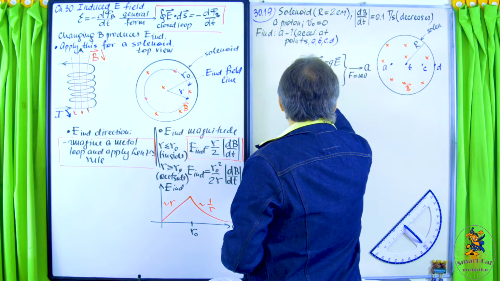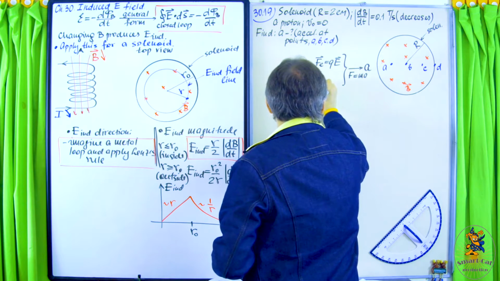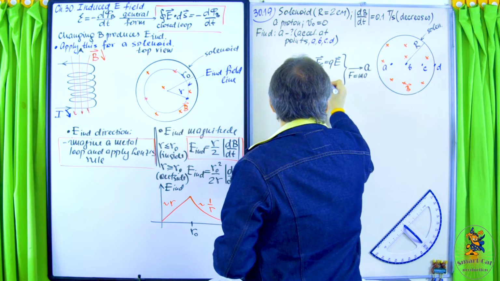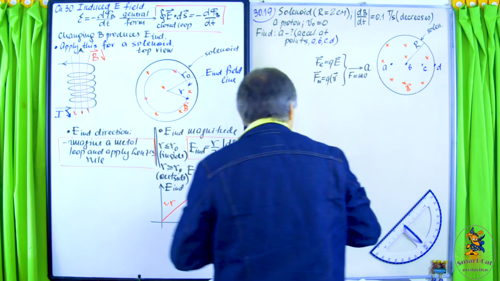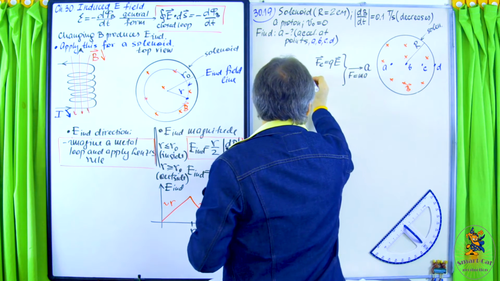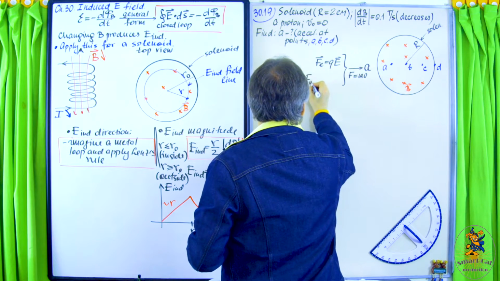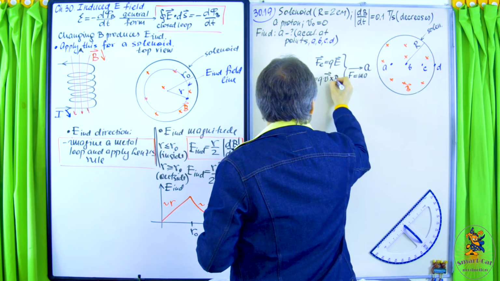So now F subscript M. Q and V. You know what? I'm running out of space. I need to get myself more space. F magnetic equals Q V cross B.